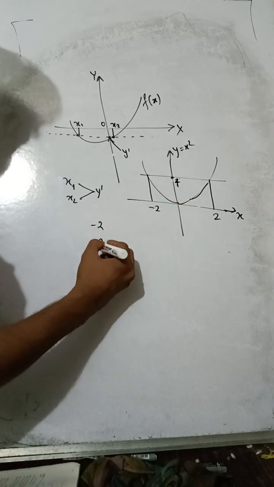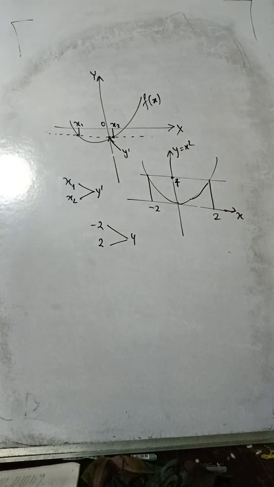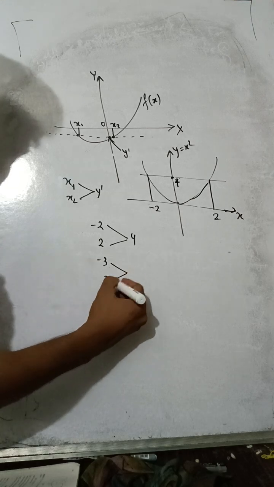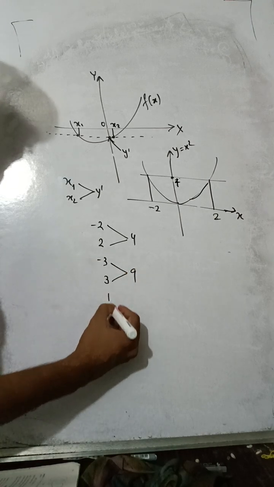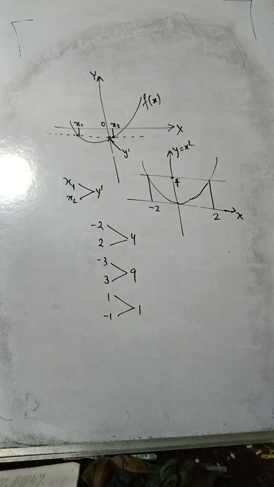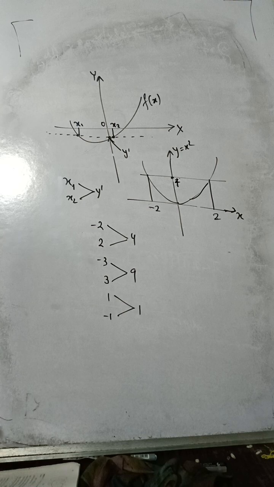So minus 2 and plus 2, both of them will be moving into the same room of plus 4. And not just minus 2 and plus 2, even minus 3 and plus 3 will move to the same room of 9. 1 and minus 1 will move into the same room of plus 1, and so on. So these functions are not one-one functions.